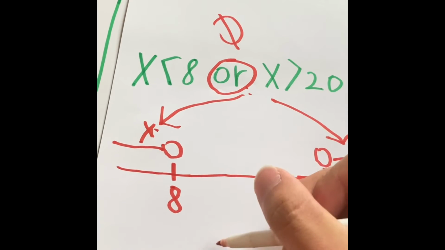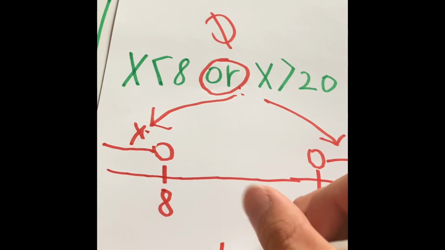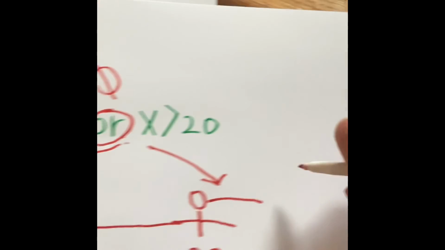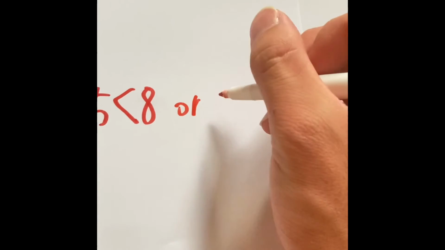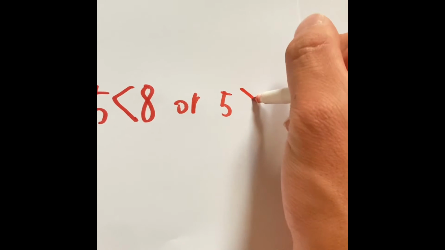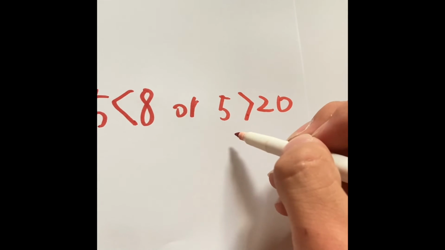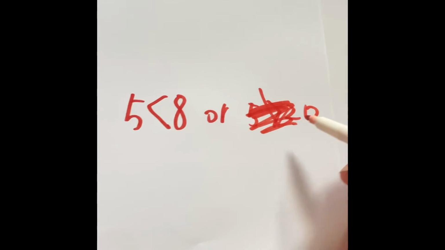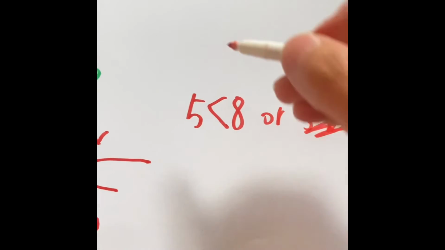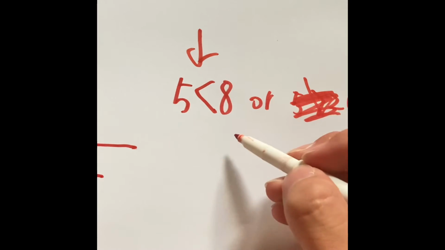Like for example, what if we insert 5 in for x? 5 is going to be less than 8, or 5 is going to be more than 20. Since 5 is not more than 20, we can cross it out. But the problem will still work because at least we have one working answer.